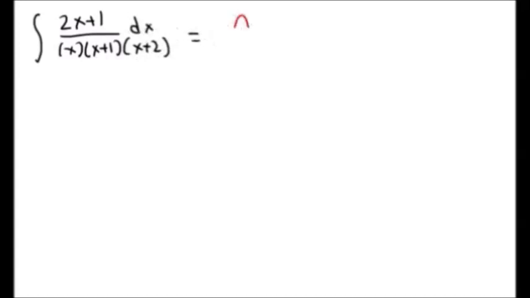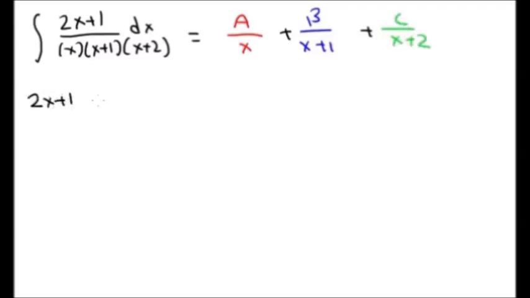We're now going to be doing an integration using partial fractions. The integration is 2x plus 1 divided by the quantity x times x plus 1 times x plus 2. Separating this, we can then have a over x plus b over x plus 1 plus c over x plus 2.